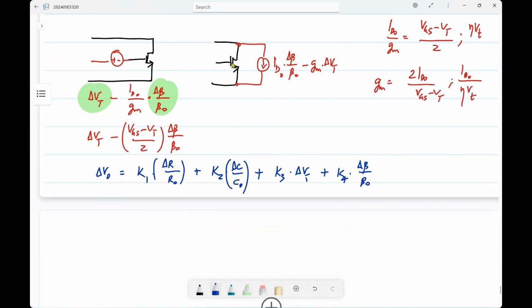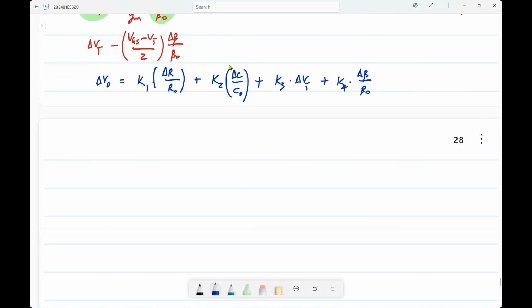So now what is it that you do? So you want to calculate the variance of this. What is it?